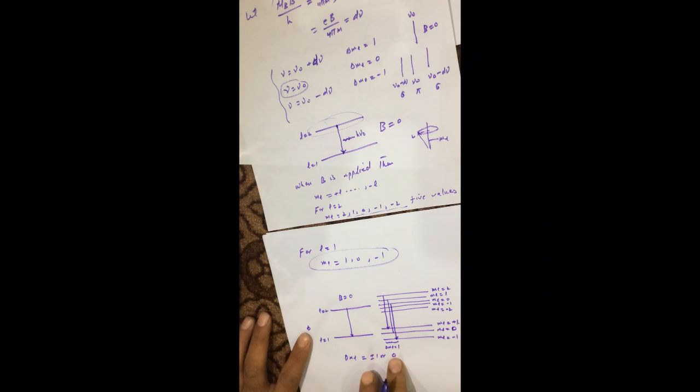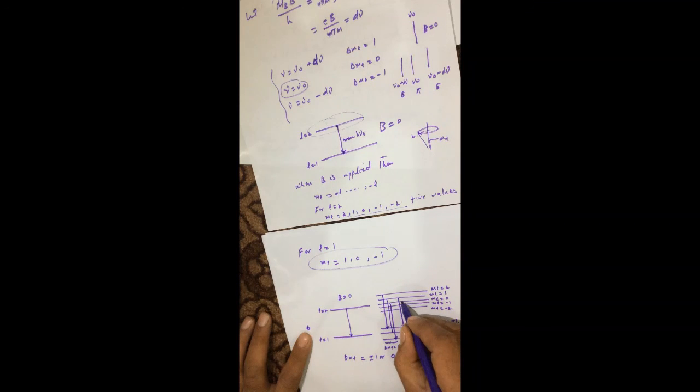Next we will check the value 0. For 0, the possible transition is this one. It can be this one. It can be this one.